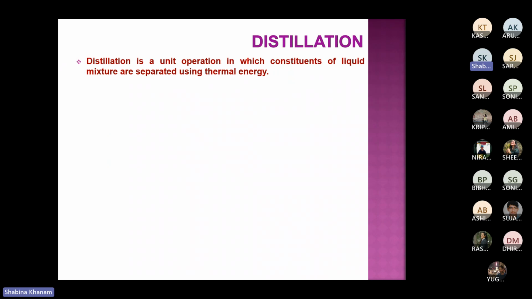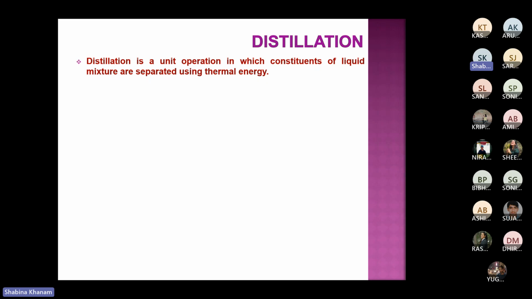So the distillation column is a unit operation in which the mixture available in liquid form, with different components in it, is separated using thermal energy. The thermal energy we consider based on what component is involved, that we have already designed, that is nothing but the reboiler.